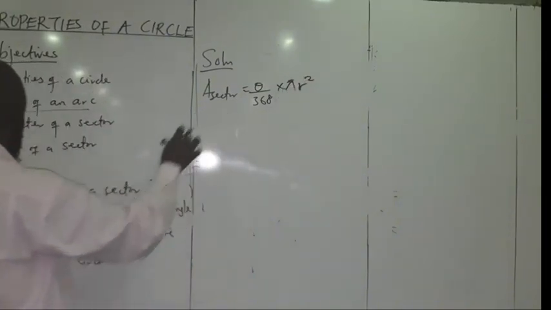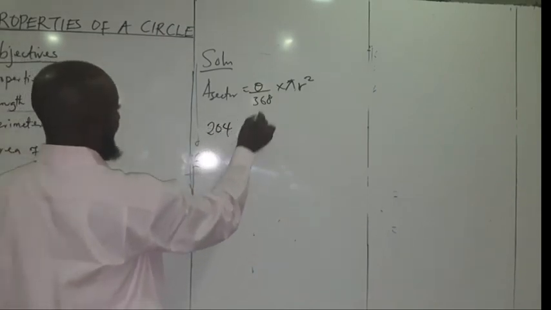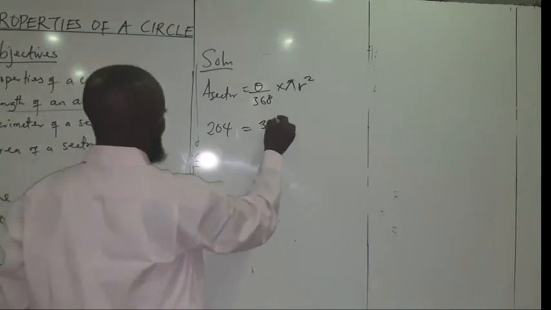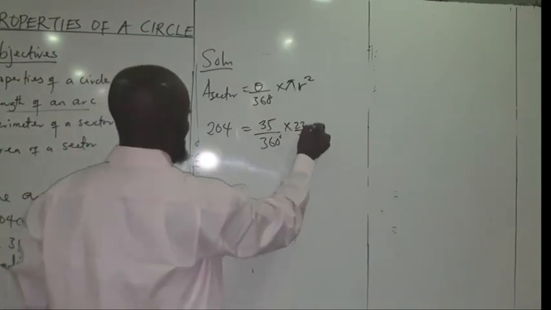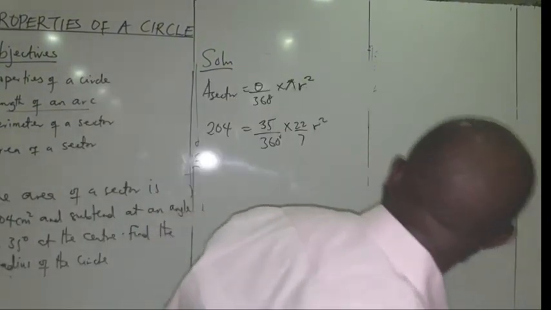The area of sector is given to be 204. Theta is given to be 35 degrees, all over 360 degrees, times 22 over 7 times r squared.